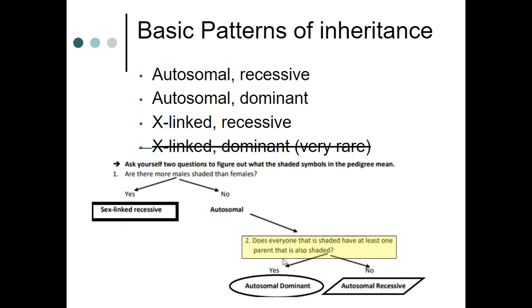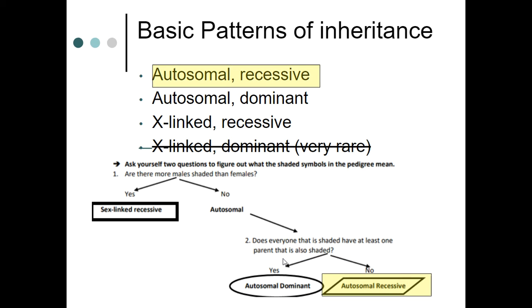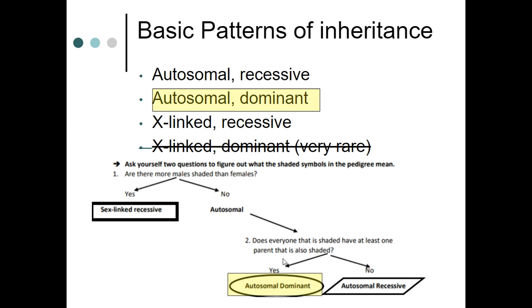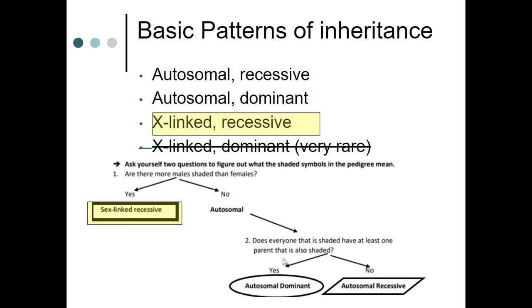And depending on your answer to this, it may be yes, it may be no. So if your answer is no to both, you have autosomal recessive. If it's no to the first one and yes to the second one, it's autosomal dominant. And if it's yes to the first question, then we know it's X-linked recessive.